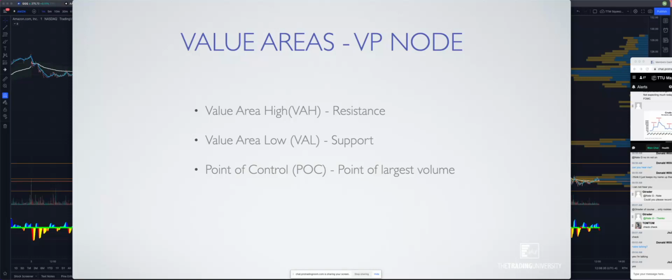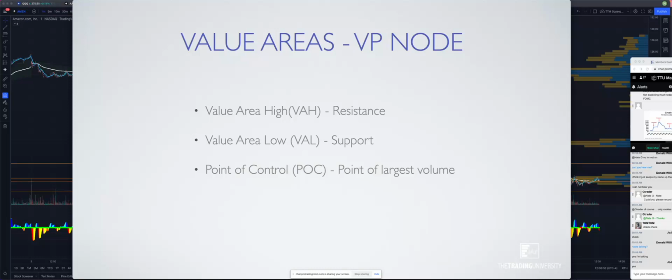Your value area low is your support level within that value area. And then we call it a POC, a point of control. And that's the area where most people within that VP node are. And that's a very key level to play over under on.